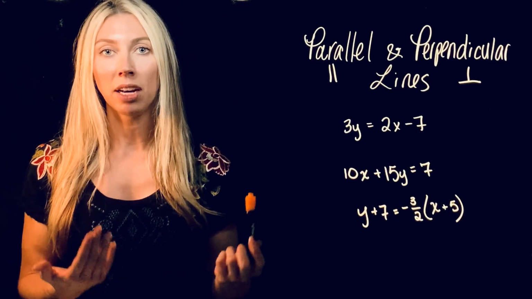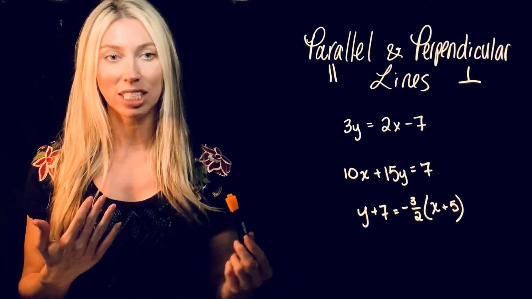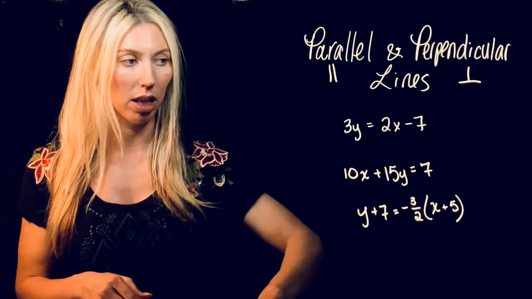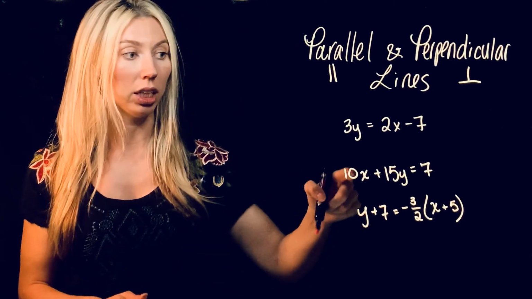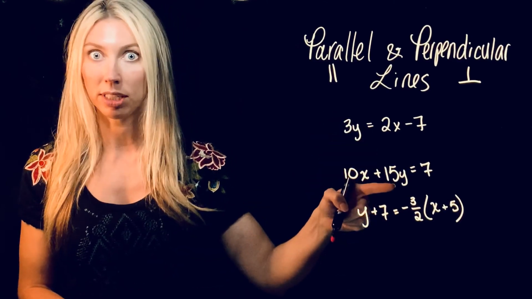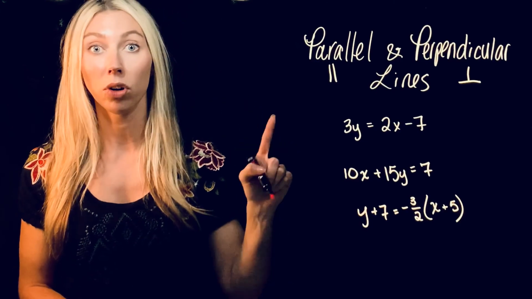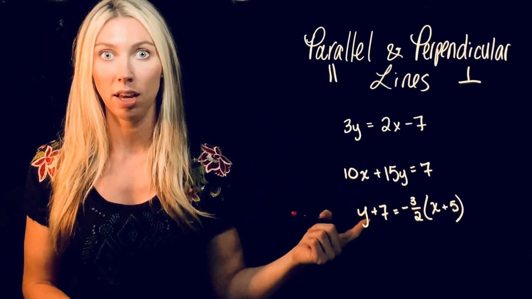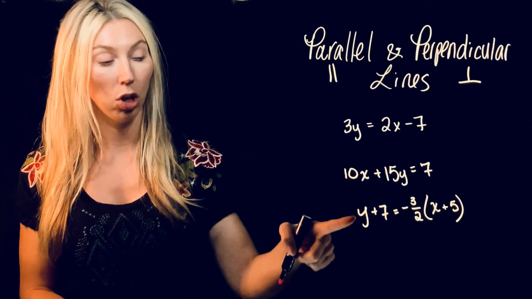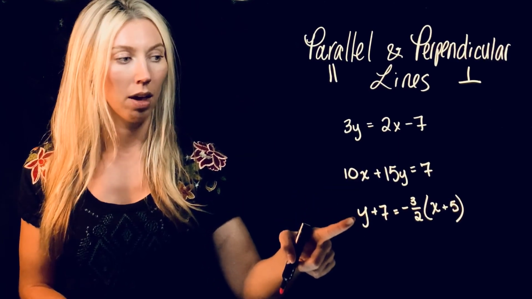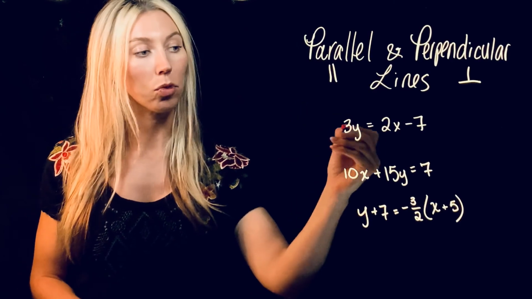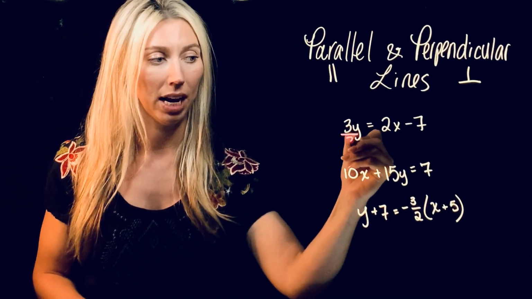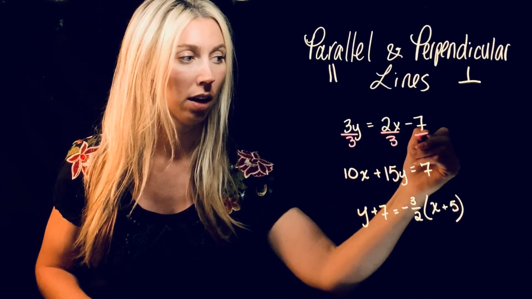So let's see what we have here. The number one way to figure out what you have going on is just to check the slope of every single line. Unfortunately, none of these are written in slope-intercept form. So in order for it to be something you can compare, you're going to need to isolate y, unless you have point-slope form like we have down here. So for this one, y is not by itself, so I'm going to have to divide everything by 3.